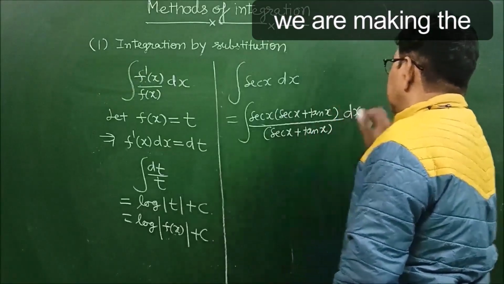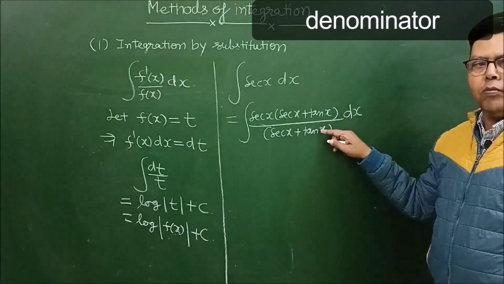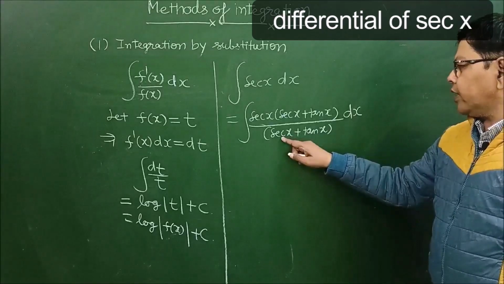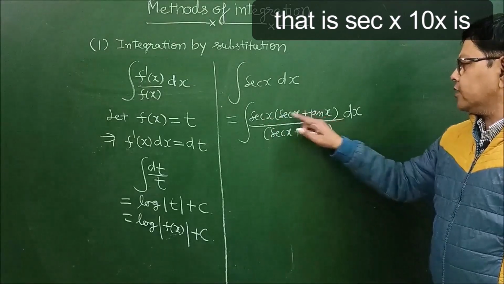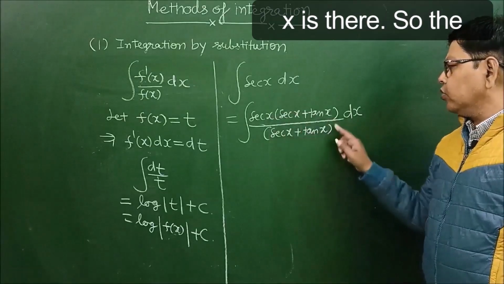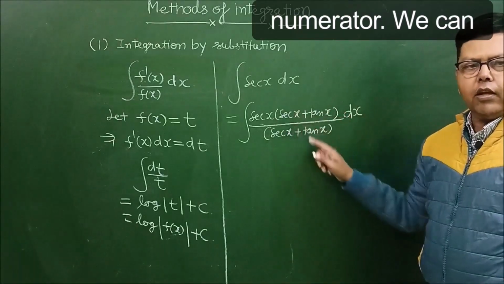By doing this, we are making the differential of the denominator available in the numerator. So we see that the differential of sec x, that is sec x tan x, is there, and the differential of tan x, which is sec square x, is there. So the differential of sec x plus tan x is now available in the numerator.